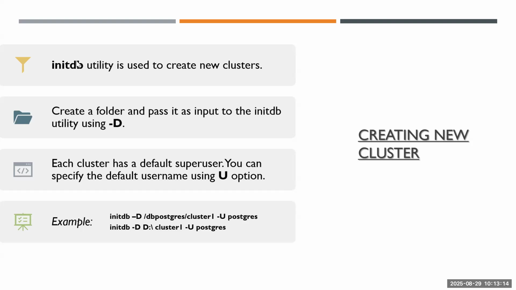For initdb, you need to pass -D, D for directory, and you need to pass -U, U also a capital letter, sir. So initdb space -D space, where is your location, that location, space -U space username.